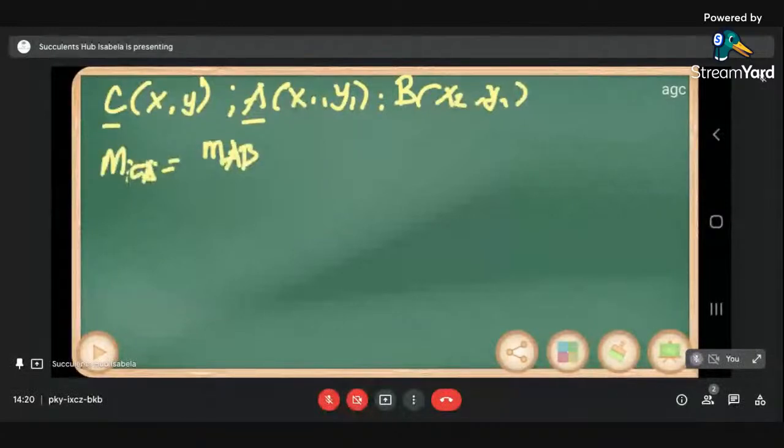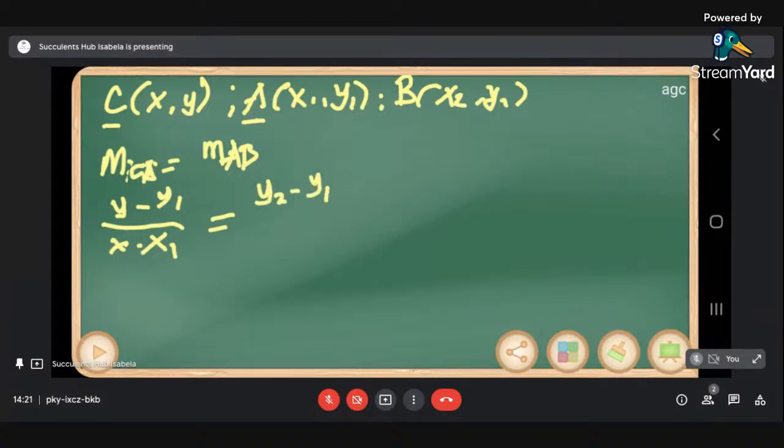So you will have slope, change in y over change in x. So you will have change in y ng C and A, so you will have y minus y sub 1 over x minus x sub 1. Okay, that's the slope of CA. And then we have AB or BA. You will have y sub 2 minus y sub 1 over x sub 2 minus x sub 1.